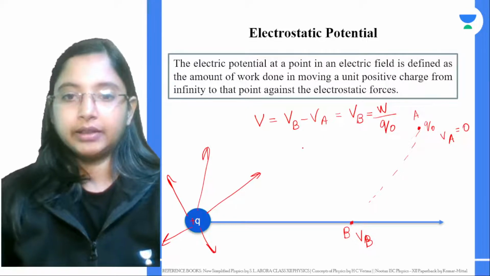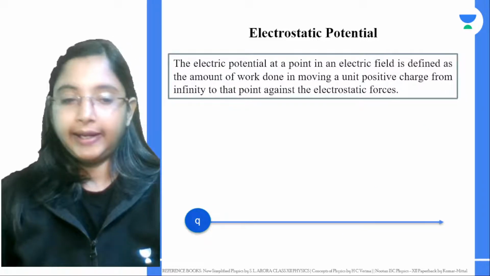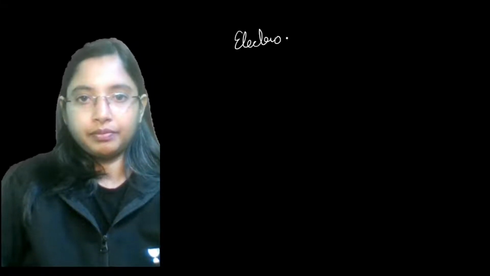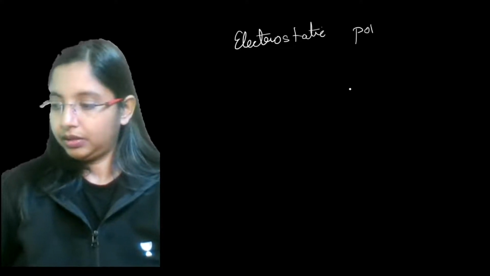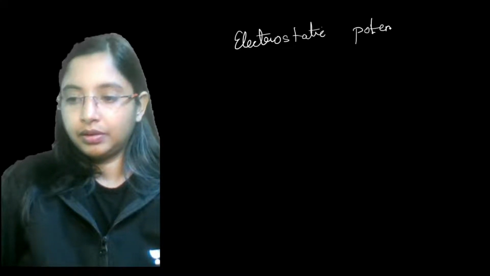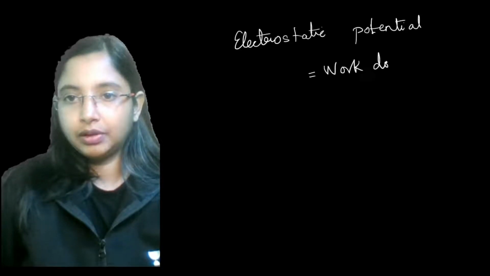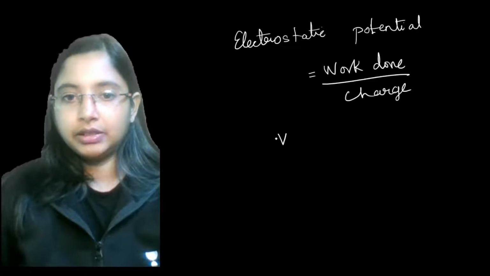So from here you can simply say that the electrostatic potential is nothing but work done per unit charge.